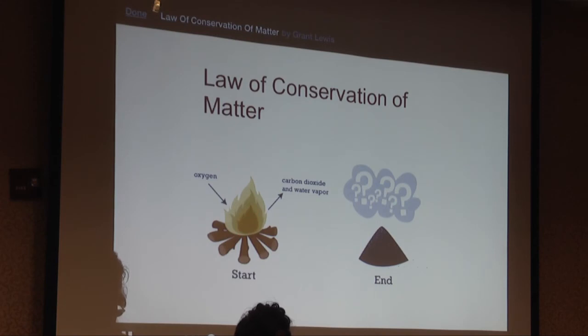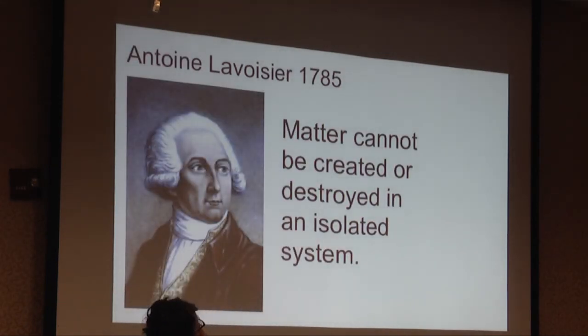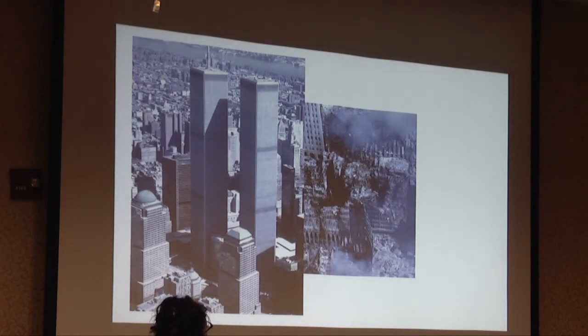Today I will be talking about the law of conservation. This law was discovered by Antonio Lavoisier in 1785. It states that matter cannot be created or destroyed in an isolated system. To begin this lesson, I would like to provide a preliminary example of this law using the World Trade Center attacks of 9/11.